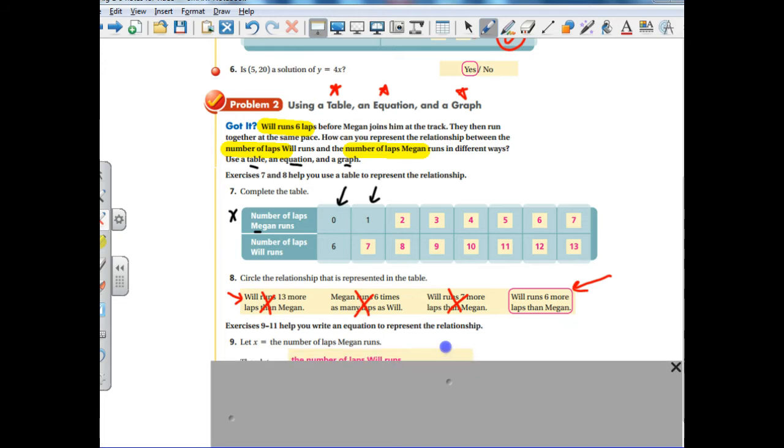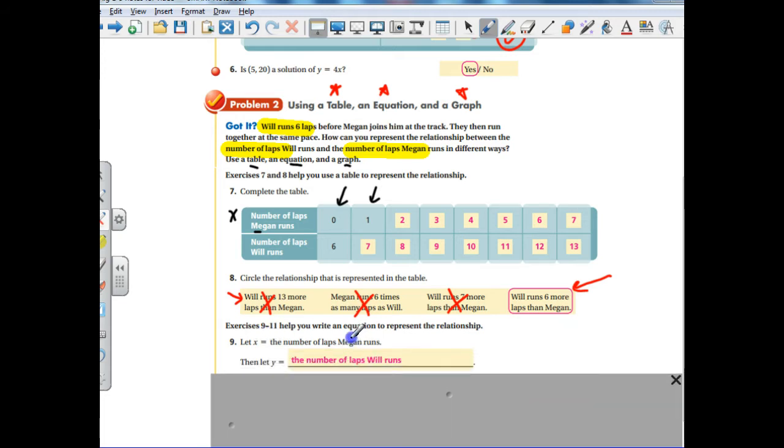All right, so knowing that, let's let X represent the number of laps that Megan runs, just like we did up here. If that is X, well then Y, which would be Will, okay, and they actually have it written right there. Y would be the number of laps that Will runs. So I can erase that one. Didn't really need that on my paper.